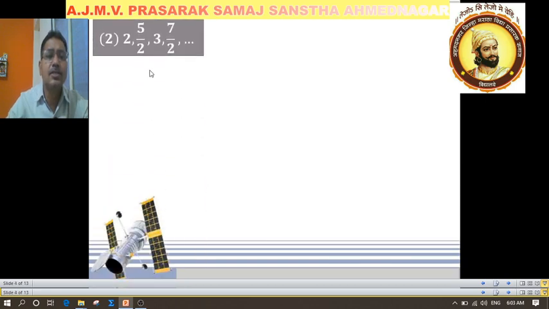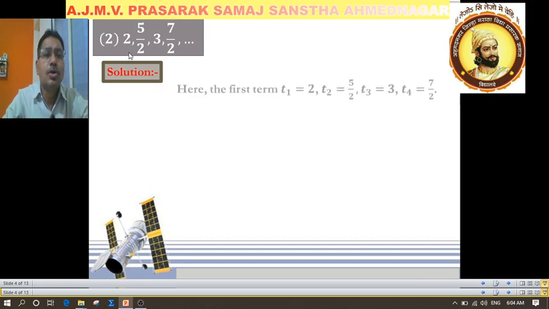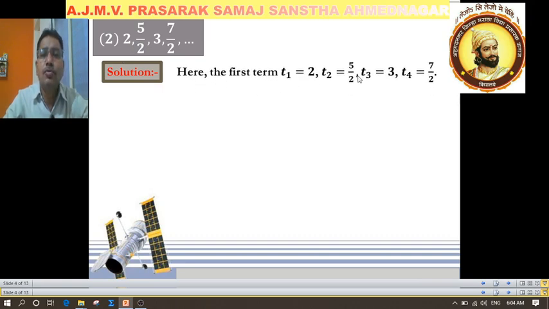Similarly, consider the second example. The sequence is 2, 5 upon 2, 3, 7 upon 2 and so on. First of all, see, first term T1 is equal to 2, T2 is equal to 5 upon 2, T3 is equal to 3 and T4 is equal to 7 upon 2.